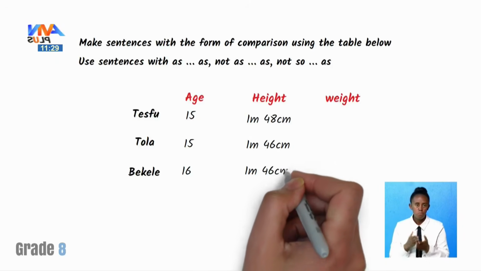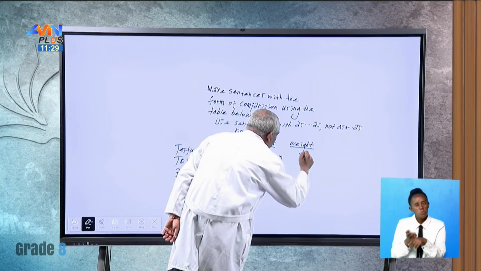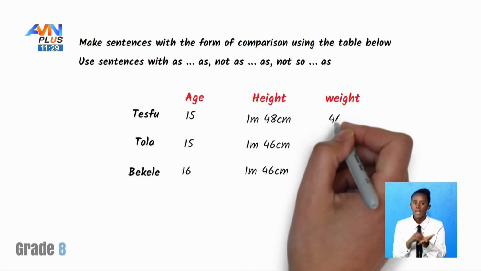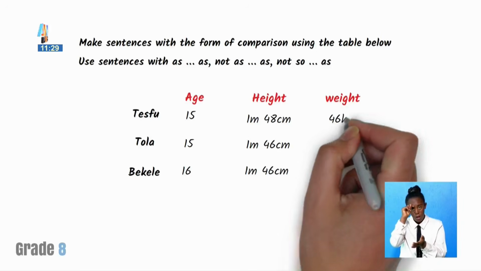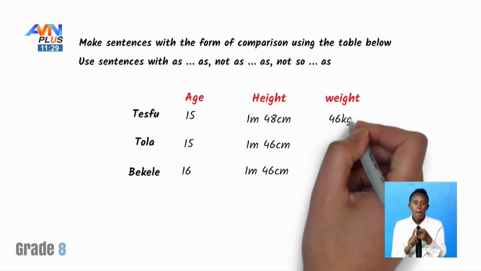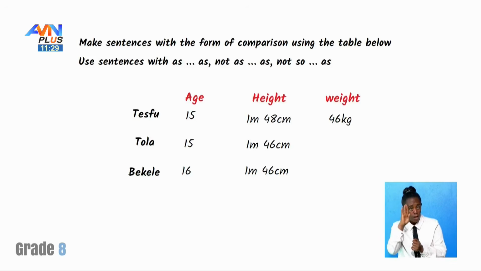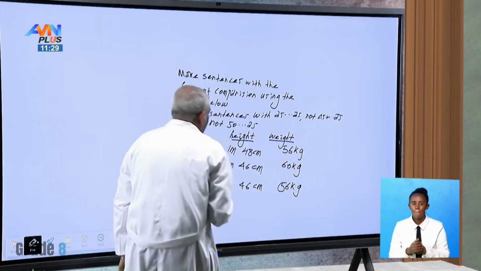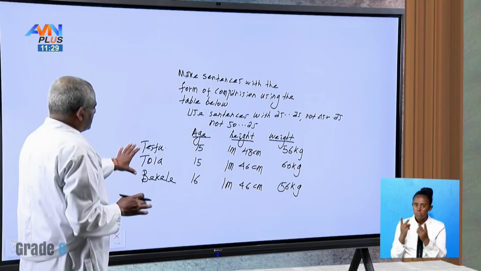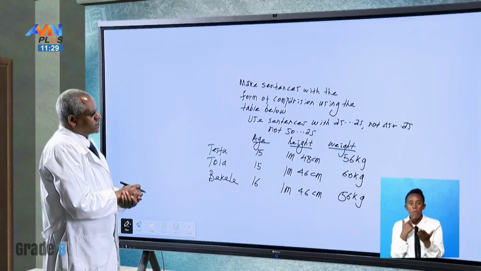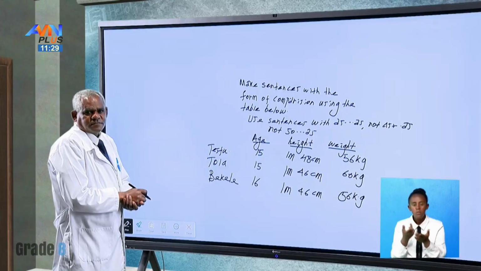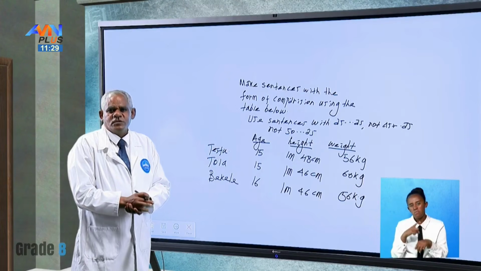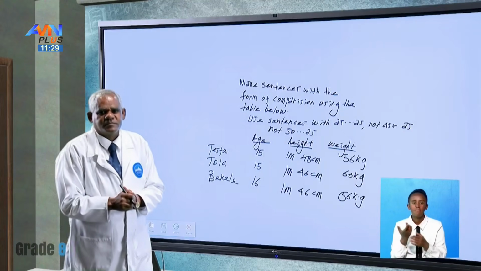Let's go to weight. Tesfu is 56 kilograms. Tola is 60 kilograms. And then Bakala is 56 kilograms. Let's look at this information so as to make a sentence. I would like to give you some time to do the activity. It takes 3 minutes.